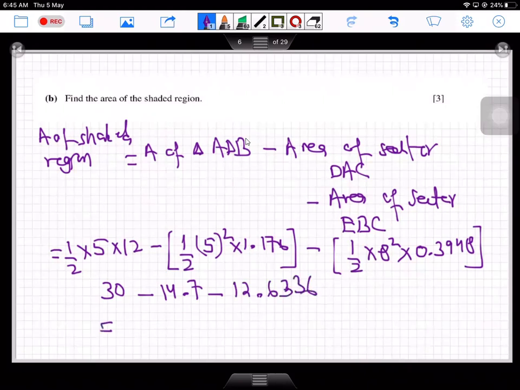So 30 minus 14.7 minus 12.6336 will be 2.6664. So 2.67 centimeter square, correct to three significant figures. This is your final answer to question number 10, part B.